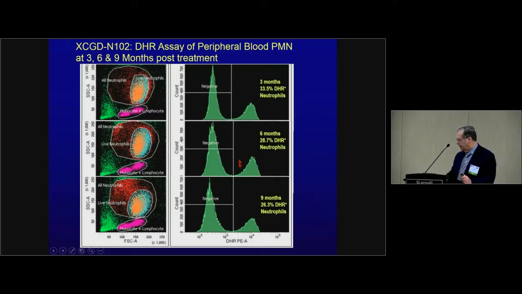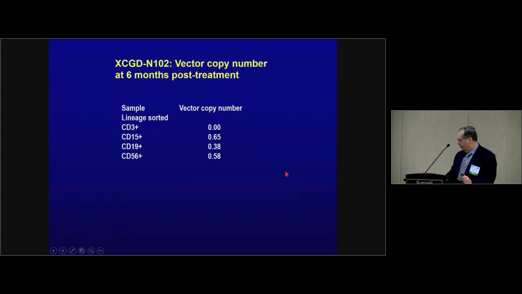But despite that, the actual amount of superoxide is quite good, and the patient has remained stable in the high 20s % range. The lineage marking is what one would expect, a little bit higher than the actual correction.